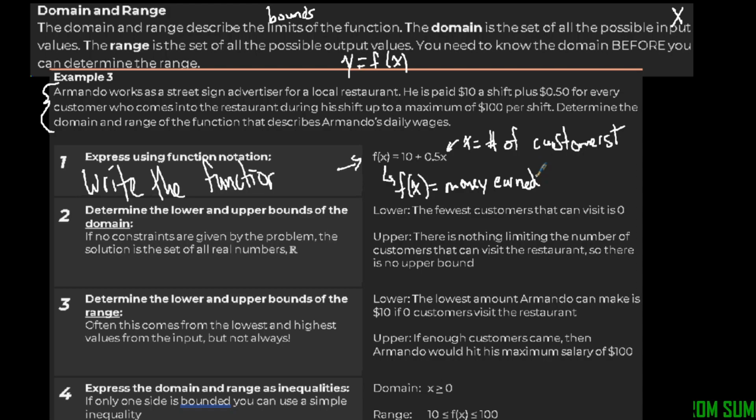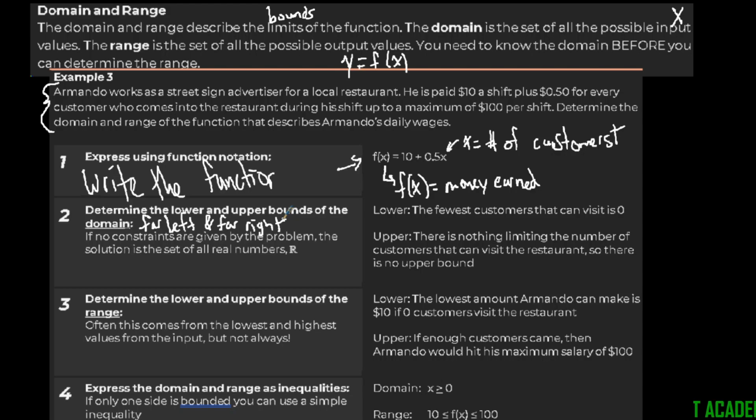Now it says determine the lower and upper bounds of the domain. What that means is, if we're looking at the graph, we're talking about the far left and far right values. Or you can say the lowest value and the highest value. If we're thinking about our problem, we're not going to have negative customers because that's not possible.